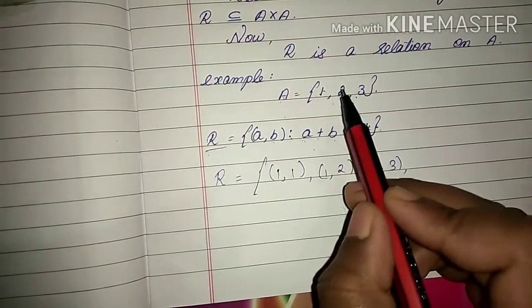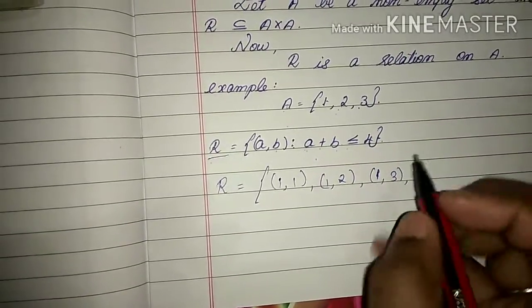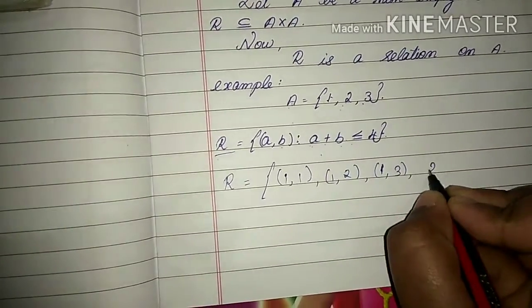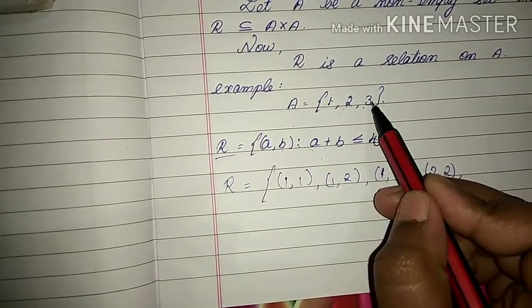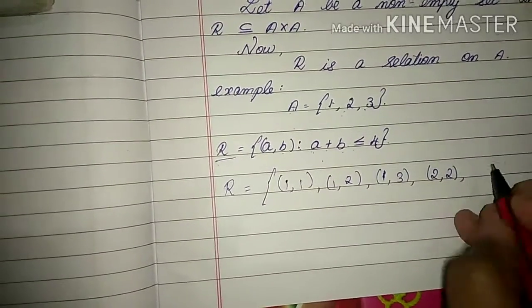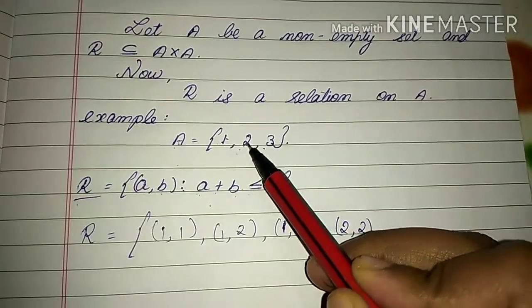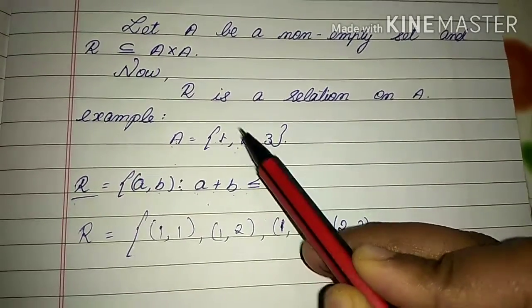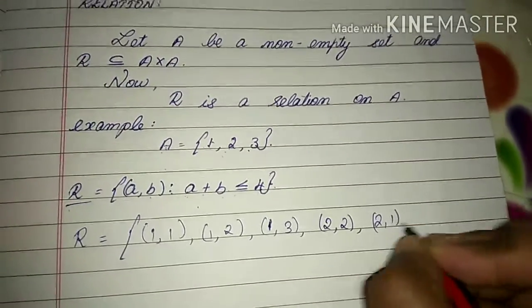Next, I have to move on to 2. So 2 plus 2 is 4, so we can take (2, 2). Next, 2 plus 3 is 5, which is greater than 4, so we cannot take it; we just leave it. I can take (2, 1) also, because 2 plus 1 is 3. So I can take (2, 1) too.